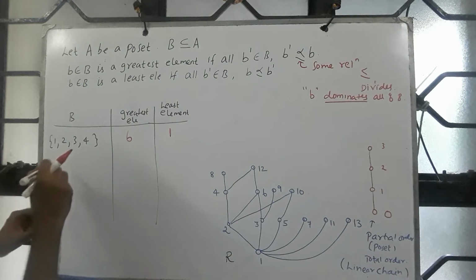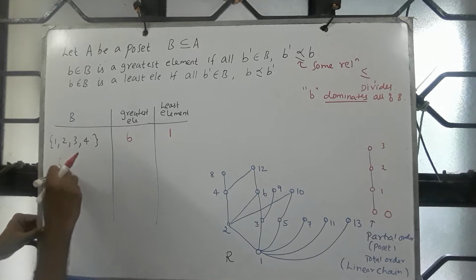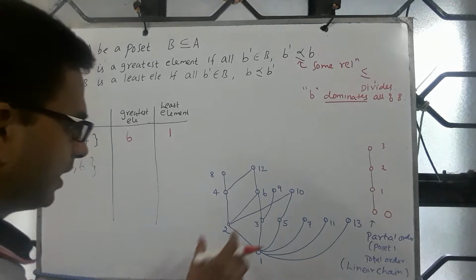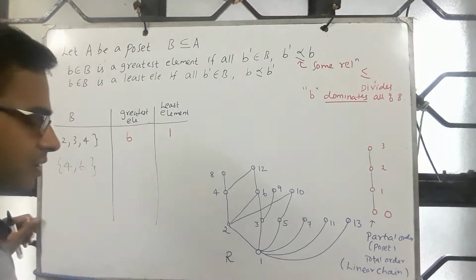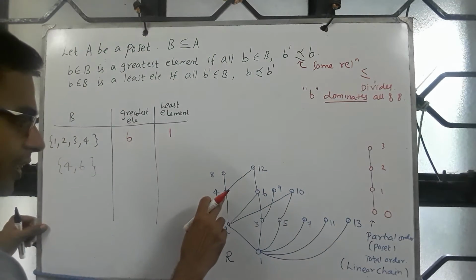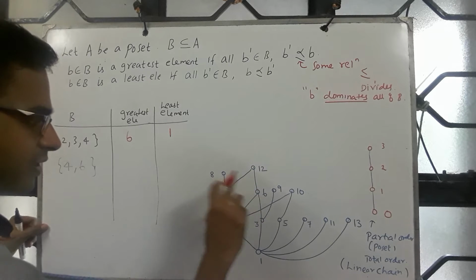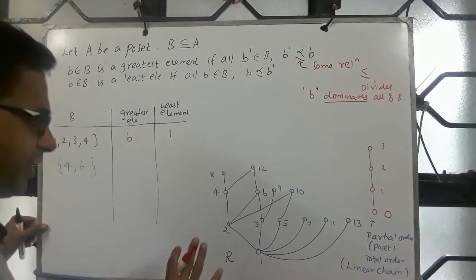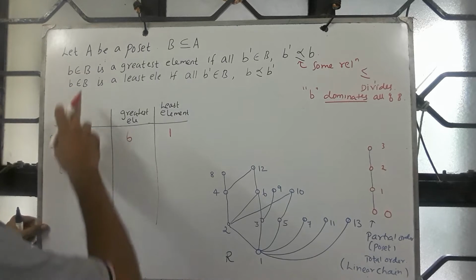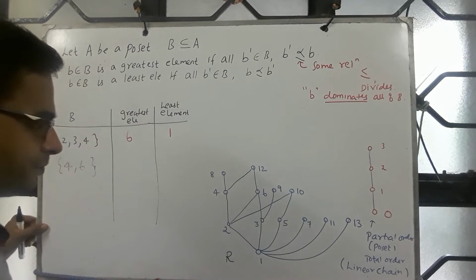So let's look at, say, 4, 6. If I look at 4, 6 and I need an element which is above 4 and 6, but it should be part of this. That's very important, B belonging to this.